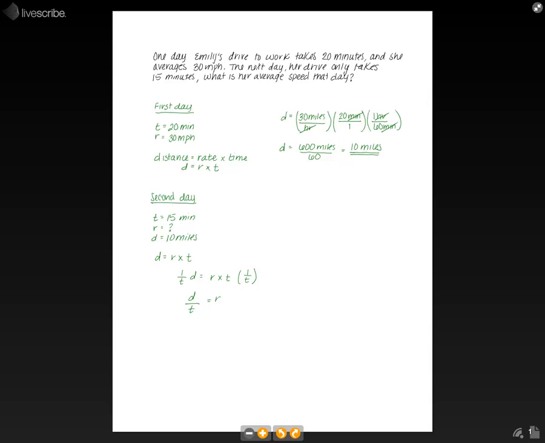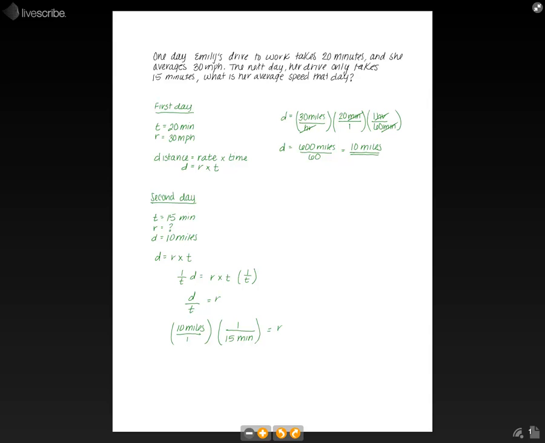So, distance is 10 miles over time, which is 15 minutes. So since it's a fraction, basically I can just put 1 over 15 minutes.